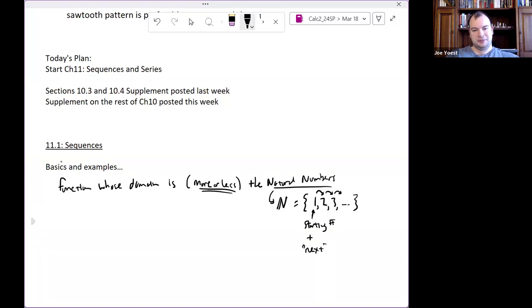So we have some notation. Often we write sequences in curly braces. And often we write, instead of something like f of x, a subscript n. And we might want to be explicit and enumerate that n goes from 1 to infinity.